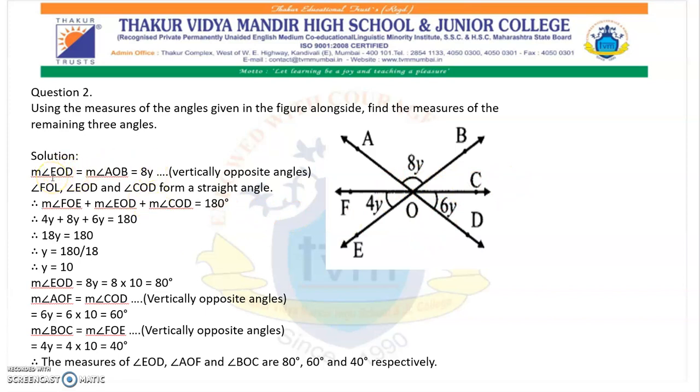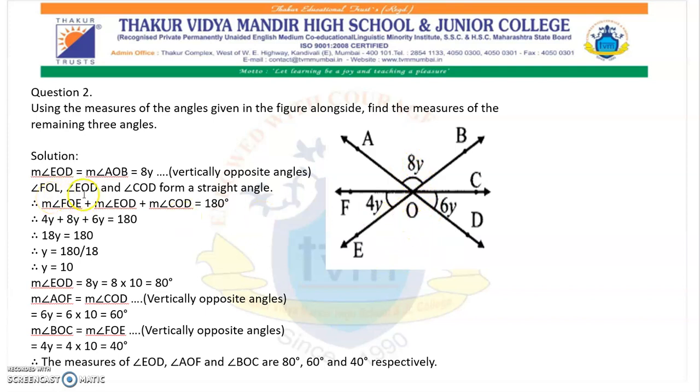Solution. We can start. Measure of angle EOD is not given, but it is equal to measure of angle AOB, equal to 8y. Why is EOD 8y? Because vertically opposite angles are equal.